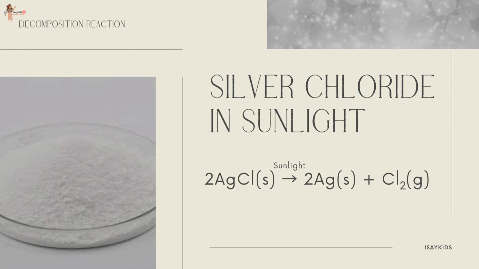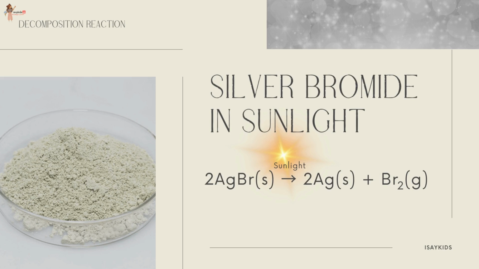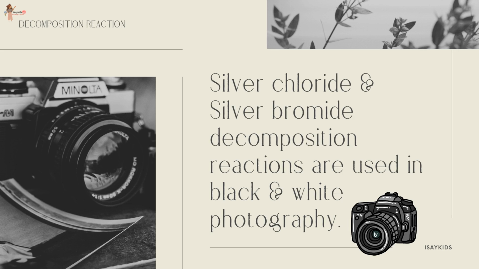The reaction is 2AgCl gives 2Ag plus Cl2. Silver bromide also behaves in the same way. 2AgBr in sunlight gives 2Ag plus Br2. These reactions are used in black and white photography.